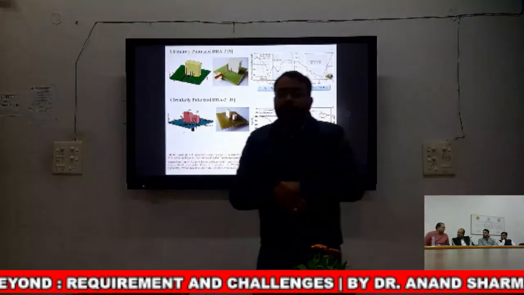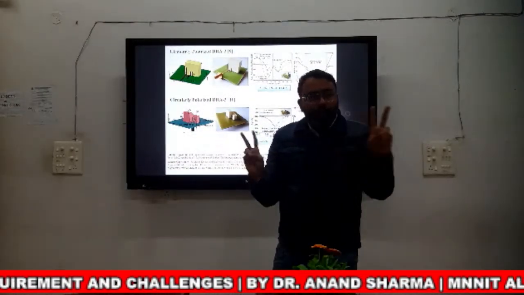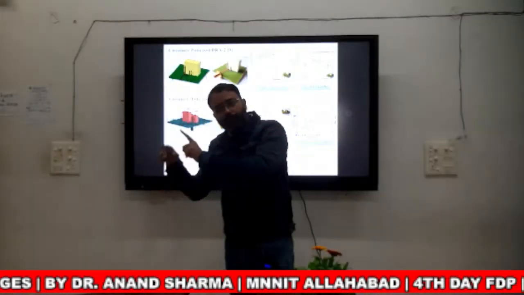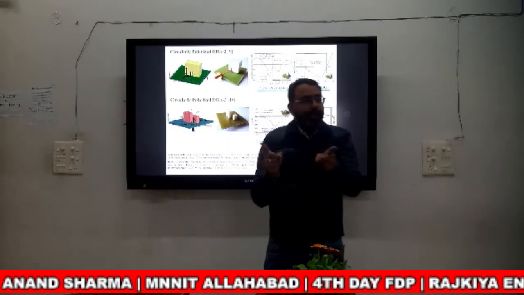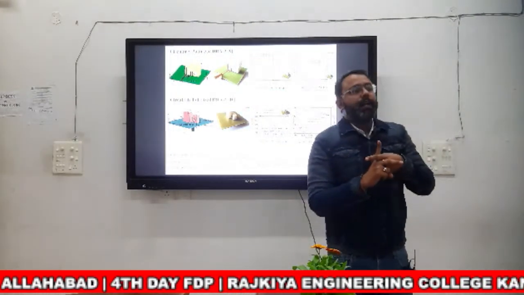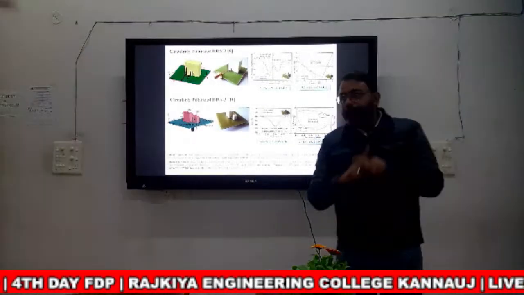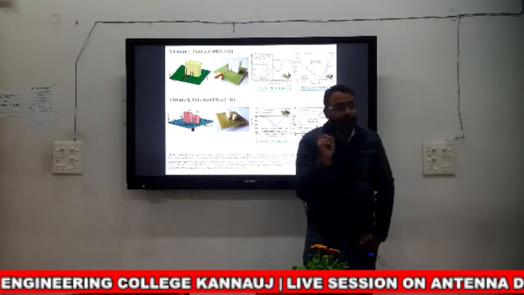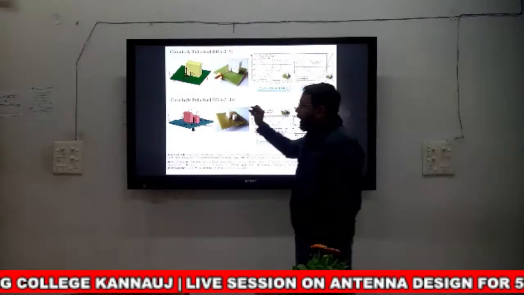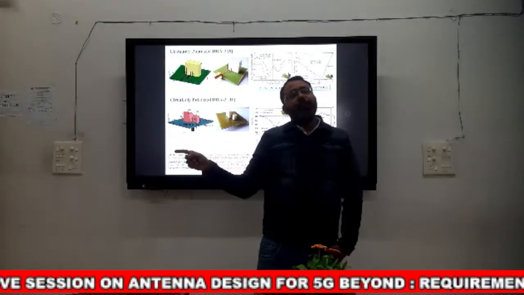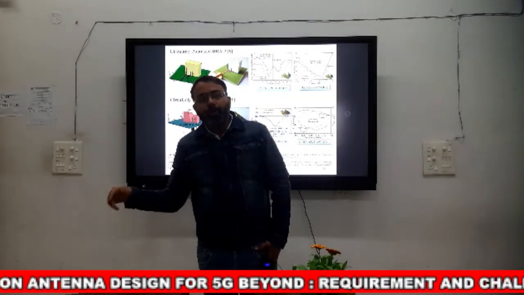There are two conditions in circular polarization. One condition is Ex equals Ey, and the second condition is a phase shift of 90 degrees between Ex and Ey. So how do we generate a 90 degree phase shift? In 12th class there is a formula: phase difference equals 2 pi by lambda into path difference.